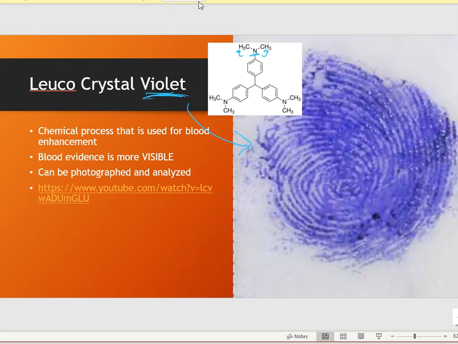In addition, maybe there are things there that we can't see with our naked eye, and these reagents will allow us to see those much, much better versus bringing it into the laboratory and saying, here you go. Does this look red? Where's the stain? Are there any secrets that this piece of clothing or evidence is holding back from you that we need to figure out? And that's part of a forensics laboratory technician's job.